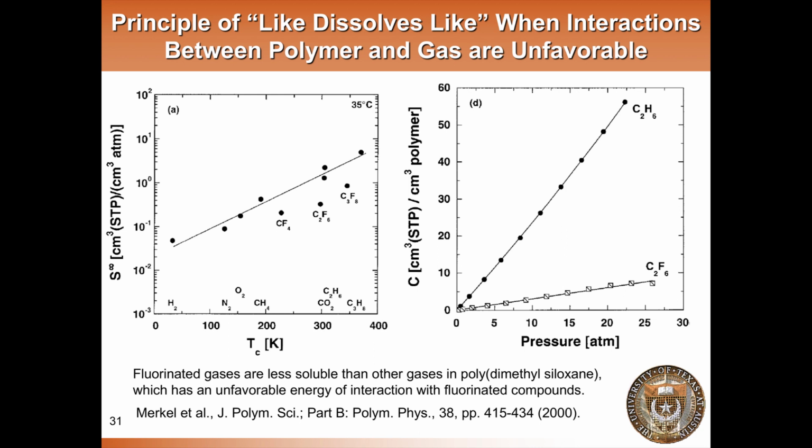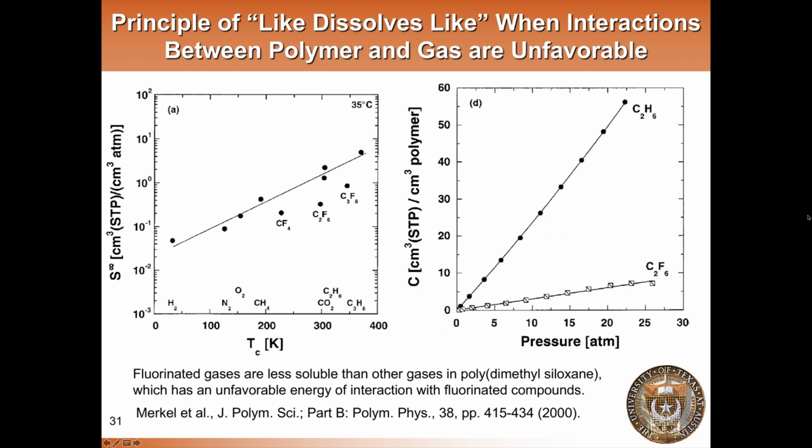And you can see that for all of the light gases like hydrogen, oxygen, nitrogen, all the hydrocarbon gases, they lie right on this trend line with solubility. In critical temperature, the slope is exactly what we saw previously.